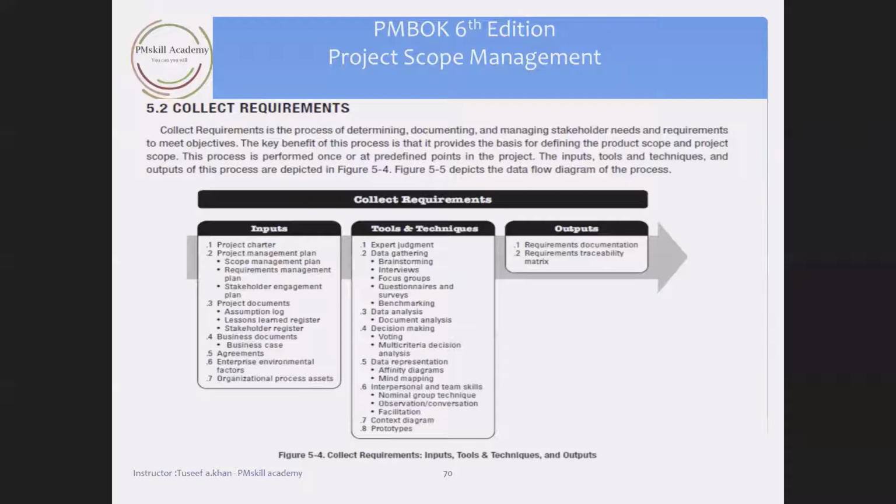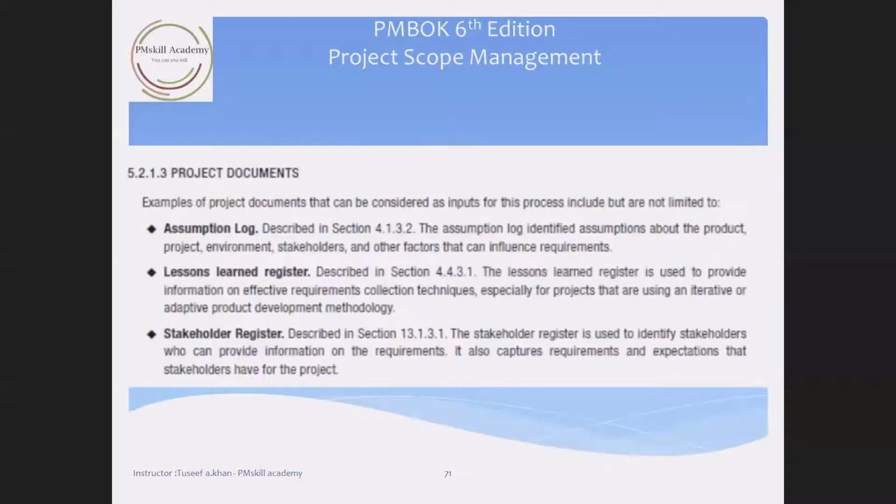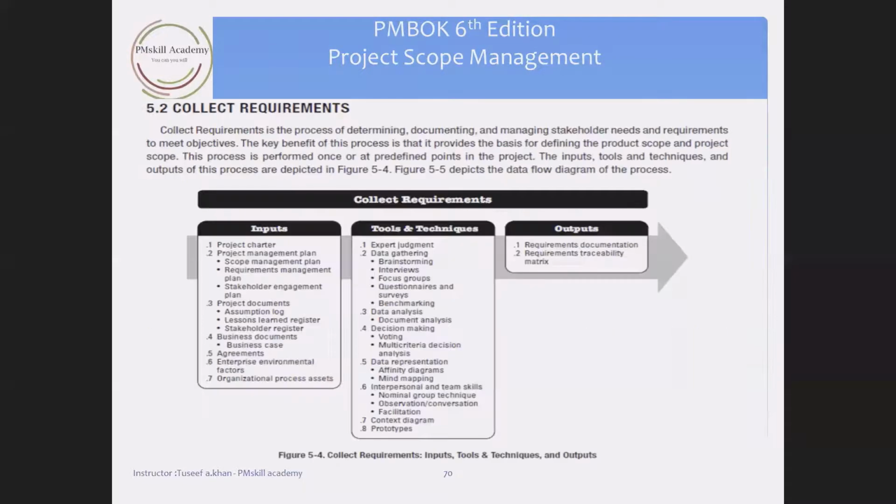After this, you have some techniques for data gathering, how to gather the data. There are some techniques we will see later. Then we have data analysis, how we will make the analysis. Then we have decision making, where we have several criteria for decisions.